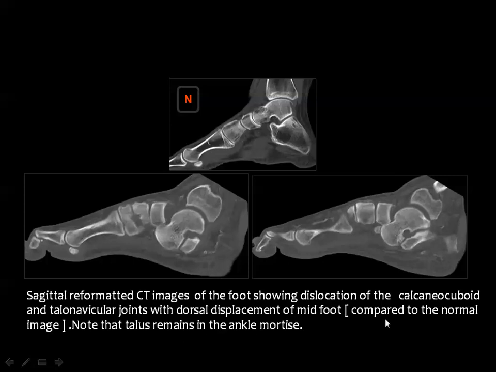And if you have the CT scan, this is the normal appearance of the talus and the navicular and the tibia. The talus may maintain its relation to the tibia, but there is disruption of the talonavicular and calcaneocuboid joints with superior dislocation of the midfoot.